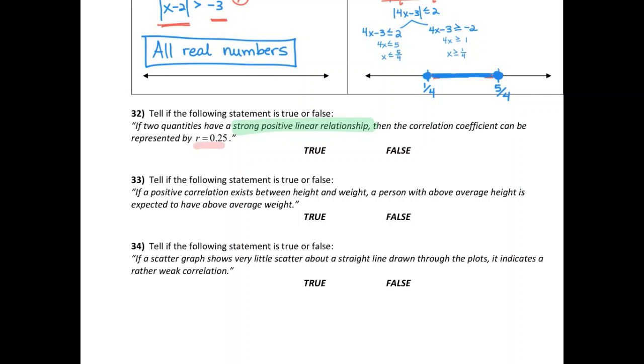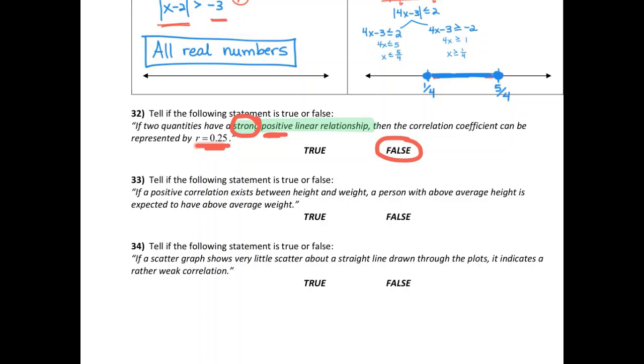Well, that's going to be false because it says here strong. And 0.25, although it's a positive number, so it works with positive, 0.25 is not a strong correlation, and so we're going to say false. Strong would be like 0.9 or something very close to 1.